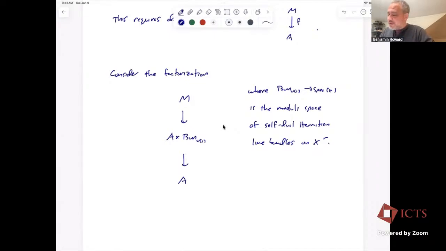Well, remember this M was classifying a rank n-1 bundle E and a rank n bundle F and a map from E to F. So the map from M to A just remembers E. How do I get a self-dual Hermitian line bundle?